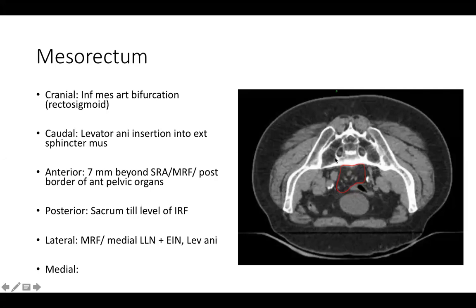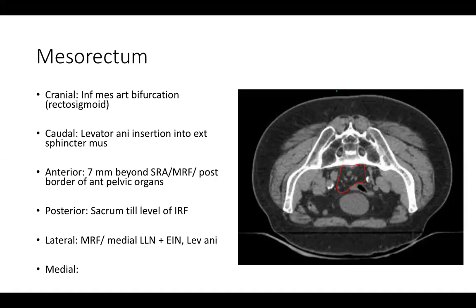So the mesorectal is basically the envelope which we want to treat. This is a high priority target for us, and we need to define where we want to start. They have defined that the cranial limit would be where the inferior mesenteric breaks into superior rectal and sigmoid. This we discussed previously. This will be lower down, where the common iliac bifurcation occurs.